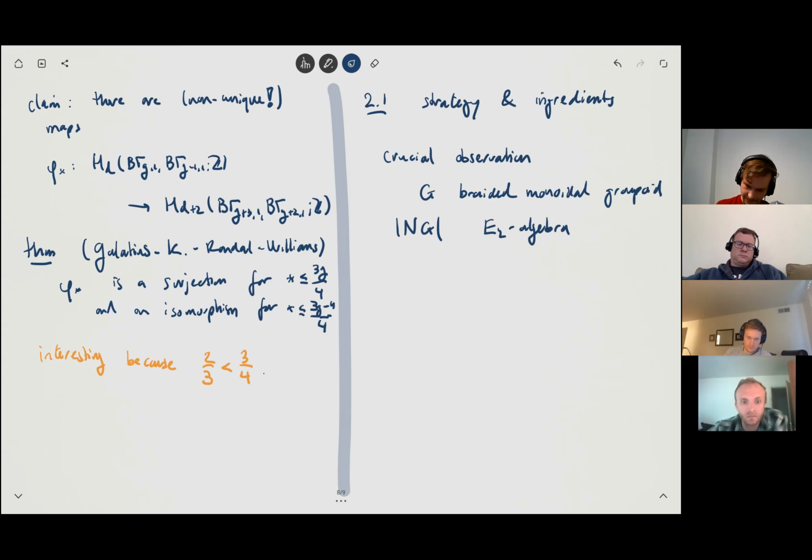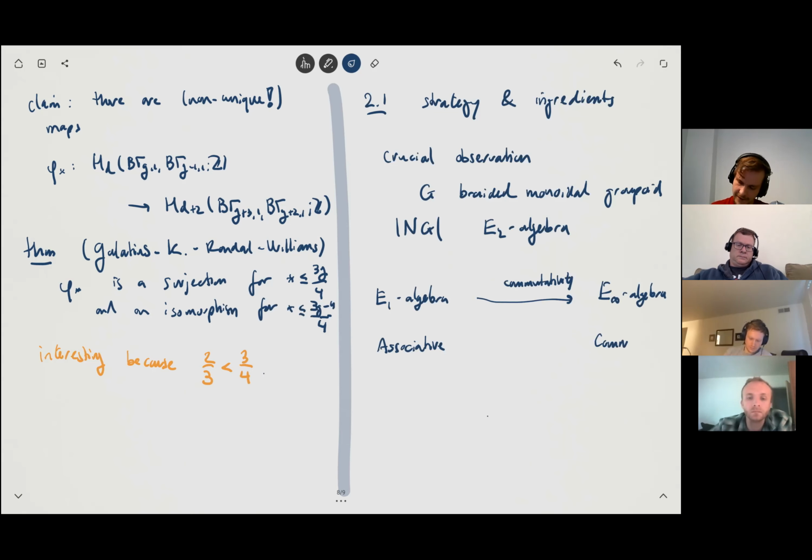So what's an E2 algebra? Well, there's an entire spectrum in homotopy theory of increasingly commutative algebraic structures, where E1 means being coherently associative, and E infinity means being coherently commutative.